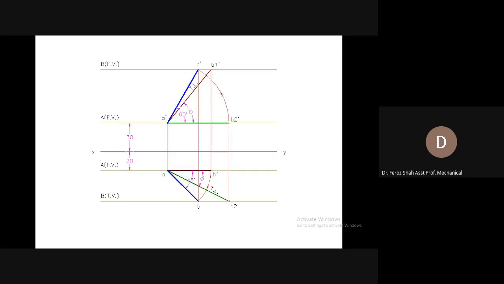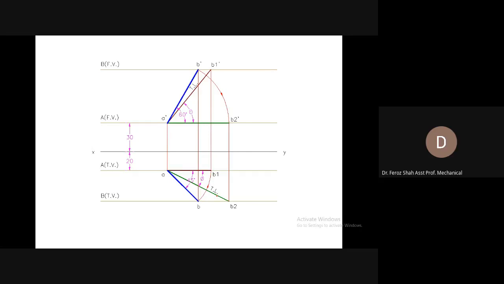And if the top view is of true length, it must also appear at an angle phi, which is the true inclination with the vertical plane. As we had already gotten the true length in the front view, the true length in the top view was not necessary, because the length of the line will be the same.